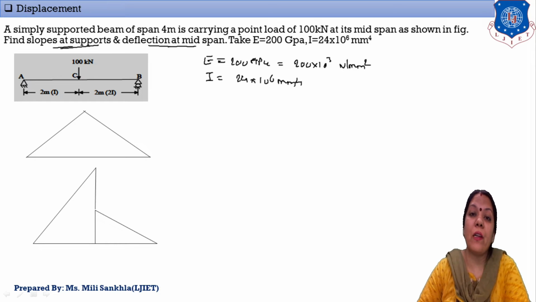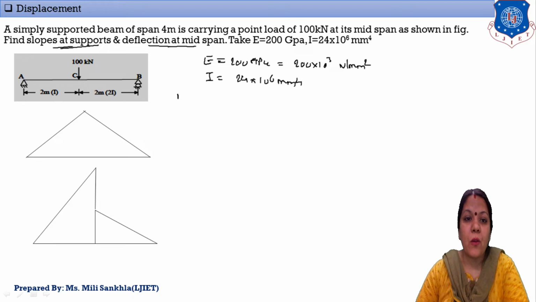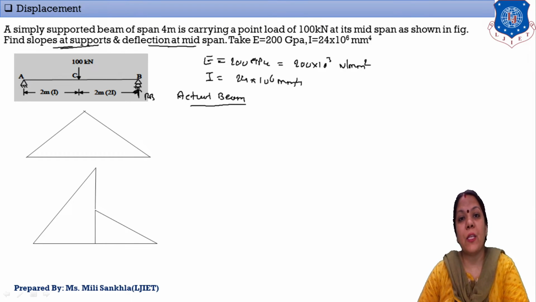Now first we find out the support reactions of the actual beam. So mention here: find actual beam support reaction, and my assumption is that my support reaction RB is in the upward direction. Now we find out the support reaction with respect to a reference point. Suppose I take moment about A. Here I compare anti-clockwise moment with clockwise.